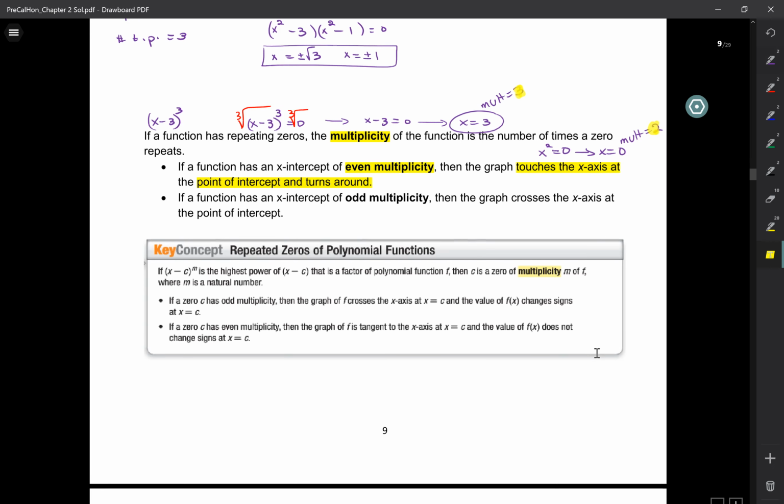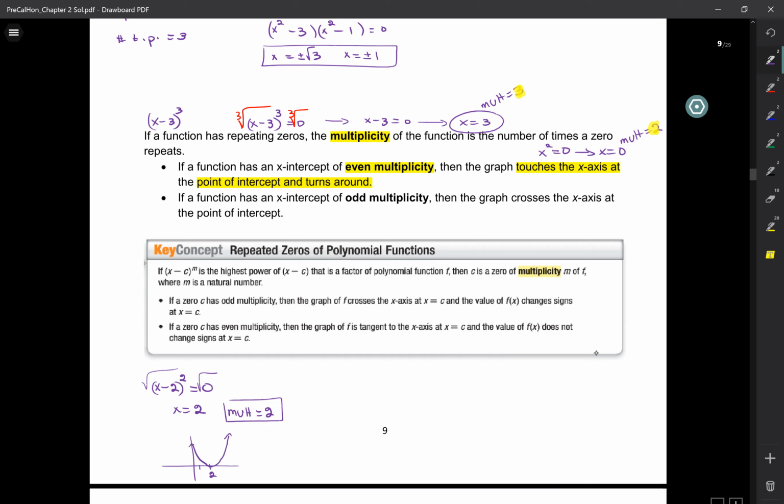So for example, if I have x minus 2 squared is equal to 0, and I take a square root, x equals 2, right? But what's the multiplicity? Multiplicity is 2 because it repeats 2 times. It's x minus 2 squared. Well, what does that mean? At x equals 2, there is a zero, but because the multiplicity is 2, it's an even number, it touches the x-axis at x equals 2 and then turns right back around.